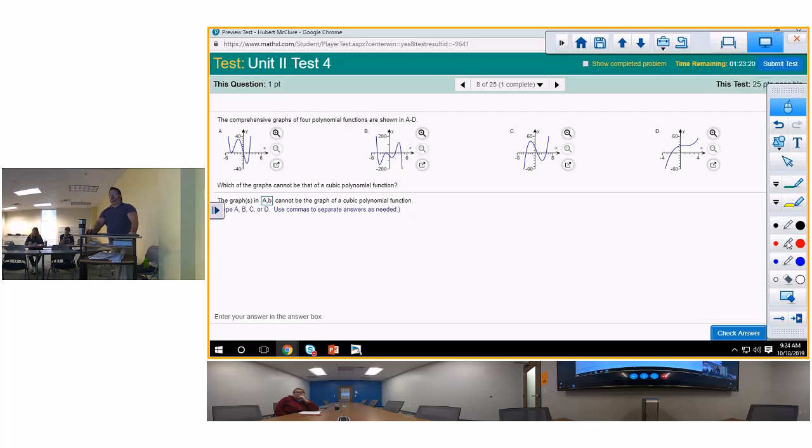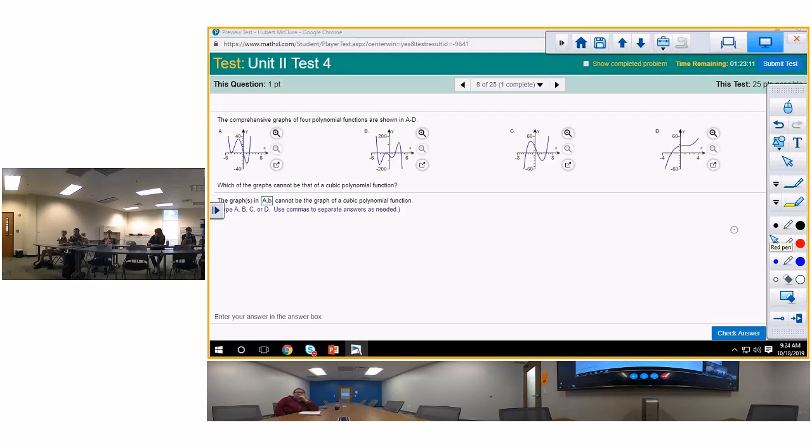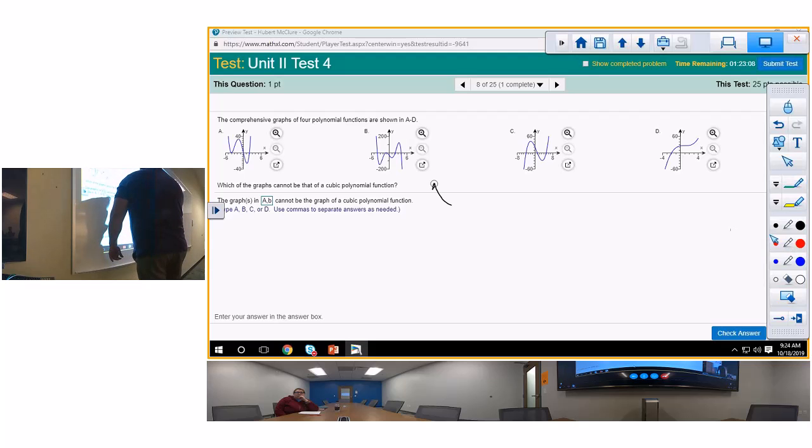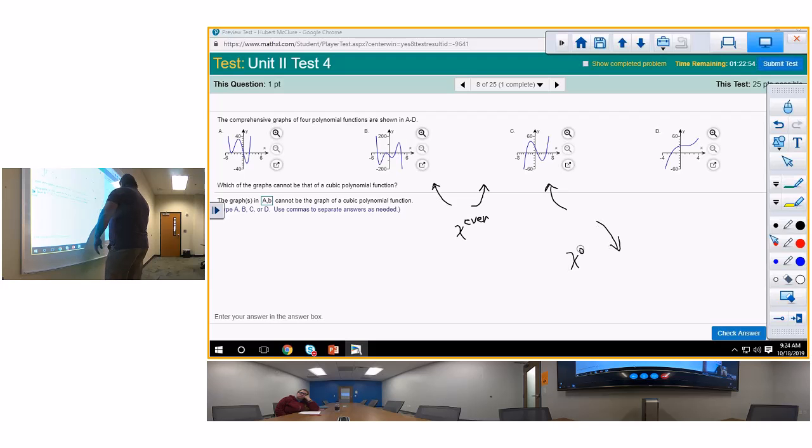Look at the ending behavior. Do you see the ending behavior of this function? Okay, that's wrong. That's incorrect. Because the ending behavior, okay, remember I showed you the ending behavior going this way and that way. That is an x to the what function? Even. Okay, and this is an x to the odd function.